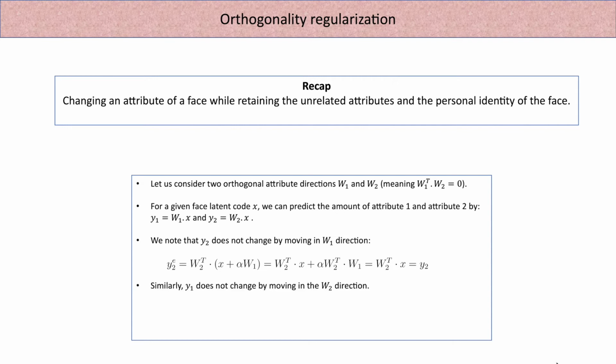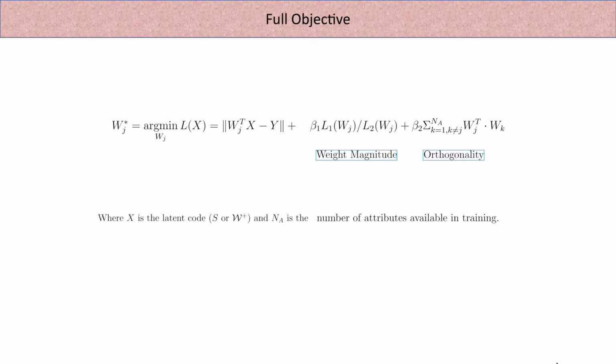And that's all we want, right? We can have a similar discussion for y1 if we move in the direction W2. So it is intuitive to also apply this orthogonality between the directions of all the attributes when solving the linear regression.